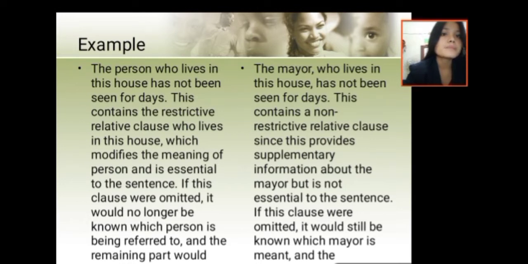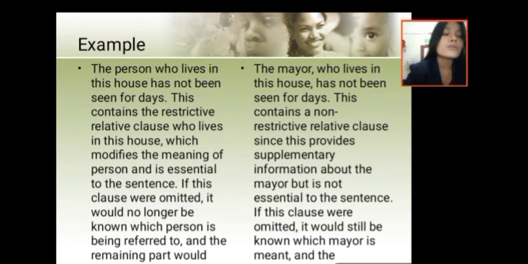For example, "the person who lives in this house has not been seen for days." This contains the restrictive relative clause "who lives in this house," which modifies the meaning of "person" and is essential to the sentence. If this clause were omitted, it would no longer be known which person is being referred to, and the remaining part would not really make sense.